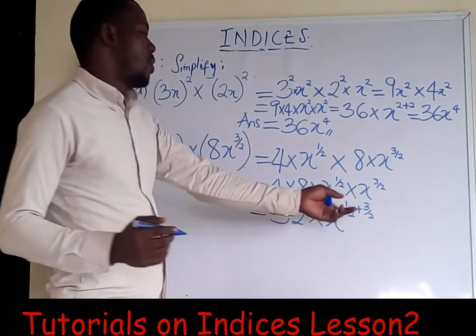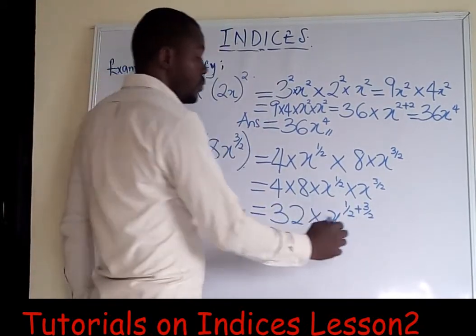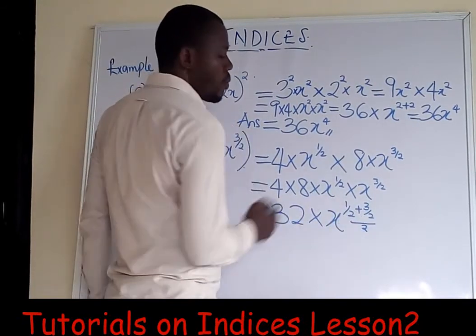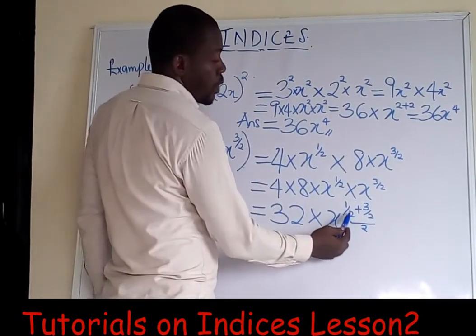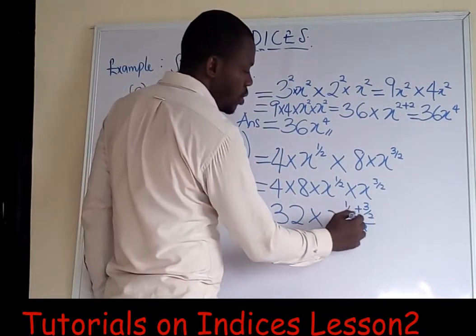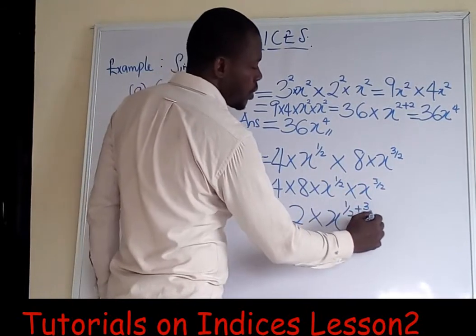Now, we have to add these two fractions together, and the LCM of these two fractions will be 2. How many 2s can we get in 2? That is just 1, times this 1 is 1, plus, how many 2s can we get in 2? That's 1 times 3.